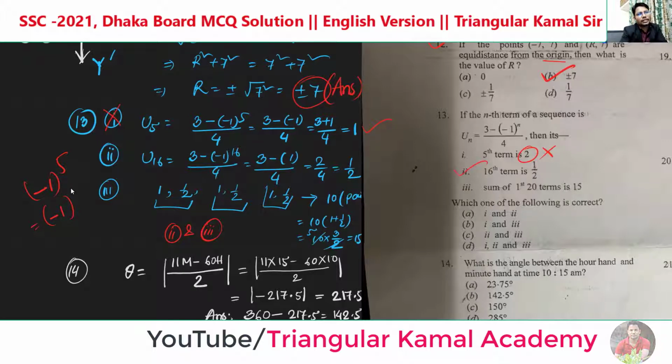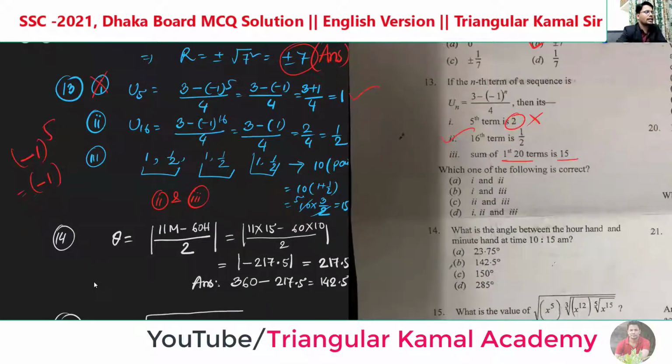Now the sum up to the first 20 terms is 15. Let's see here. If we put n = 1 and n = 2, first suppose this is an odd number, suppose this is 1. So 3 minus (-1)... 3 plus 1, which is 4, divided by 4, equals 1.